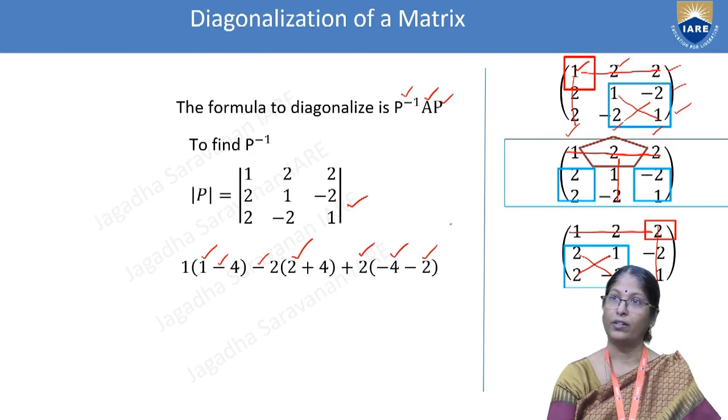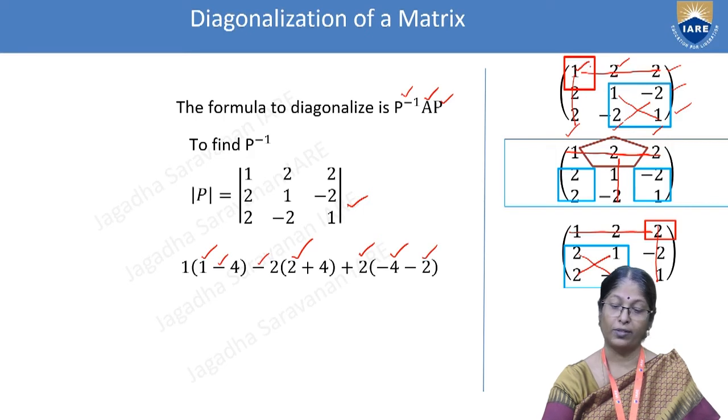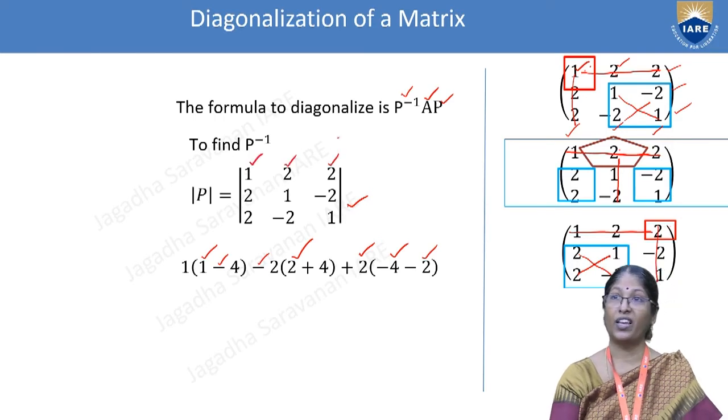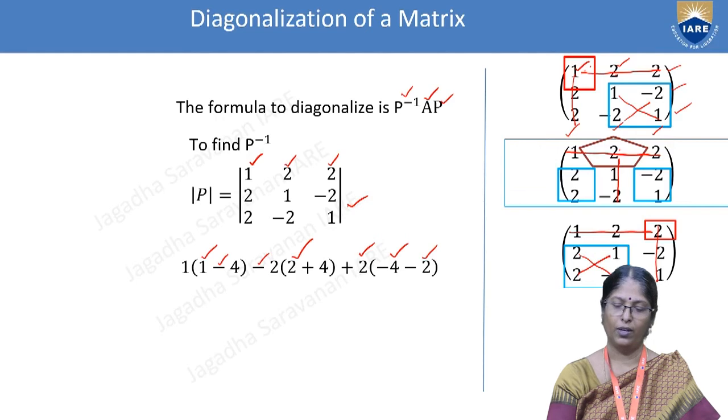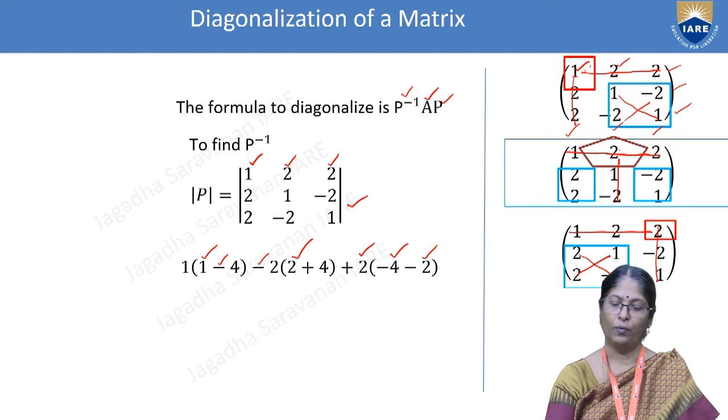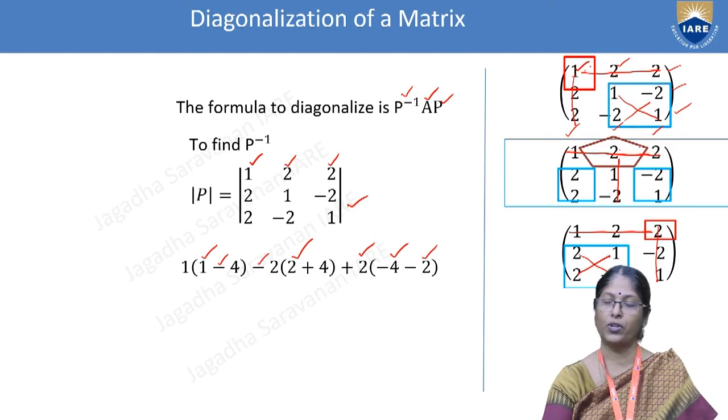So we have done it. Only one thing we have to remember: the position signs. We have to be very careful to avoid careless mistakes. Positive, negative, positive. Very simple. Throughout this determinant finding, wherever the negative positions are, I used the pentagon shape.